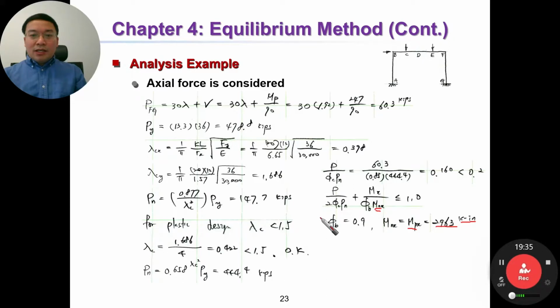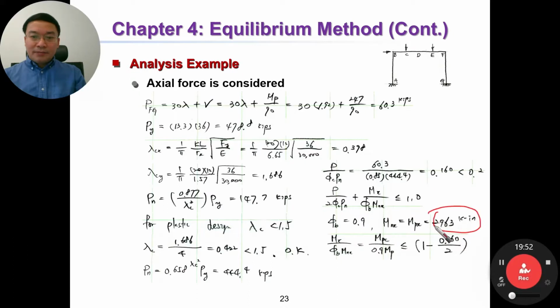Then now we have, because this is an analysis problem, we have to determine this one. Now we have this equation, and this one is here. And this one from here divided by 2. Then the unknown is Mpc.